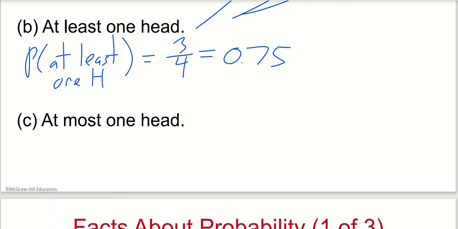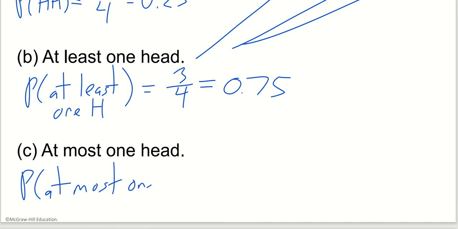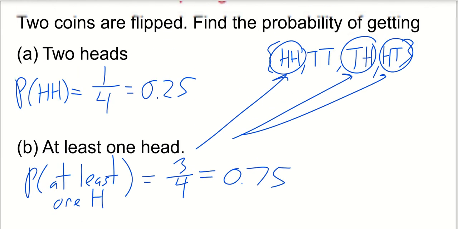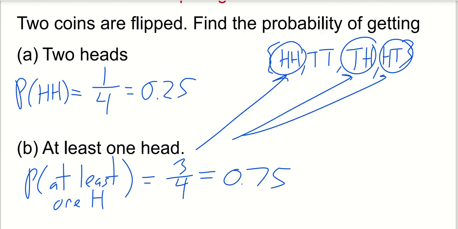If we said at most 1 head, at most 1 would mean 1 or less. Let me maybe draw this one in green. Which one of these have at most 1 head? Well, the first one wouldn't work because that has 2 heads.